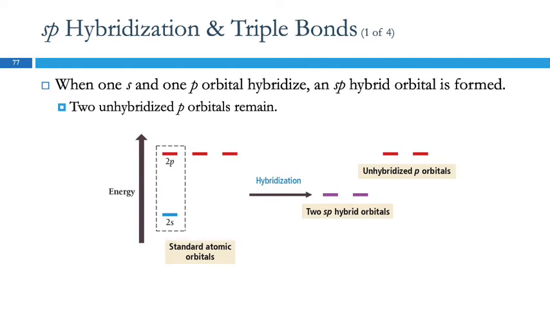Okay, sp hybridization. So here's our s and p orbitals, and this time we're just going to hybridize 2 of them. So here's our s. There's a p. So this time we want to take the s and just one of those.